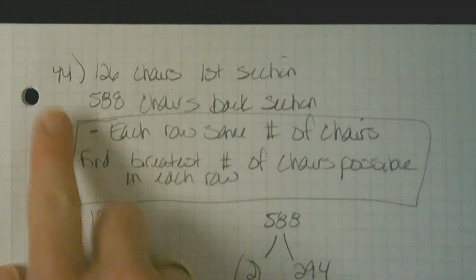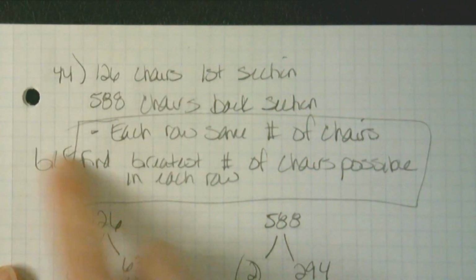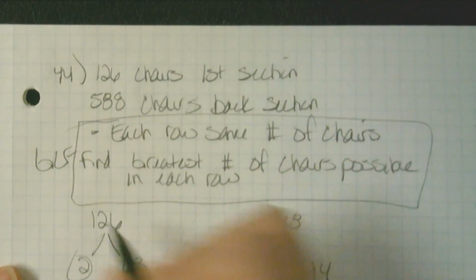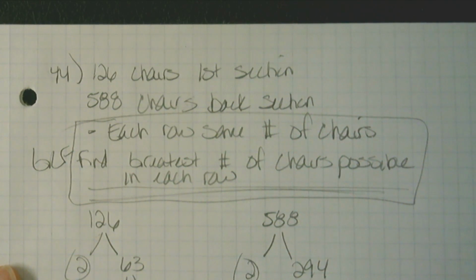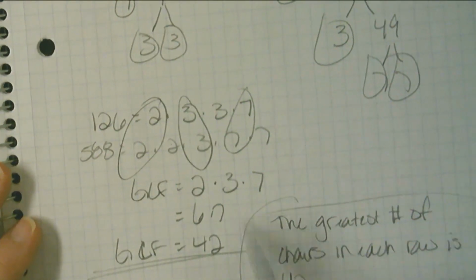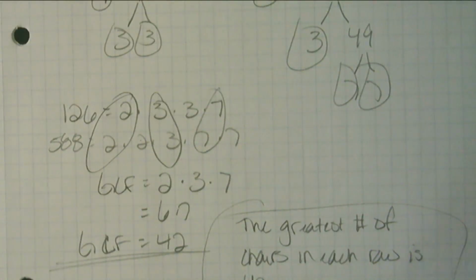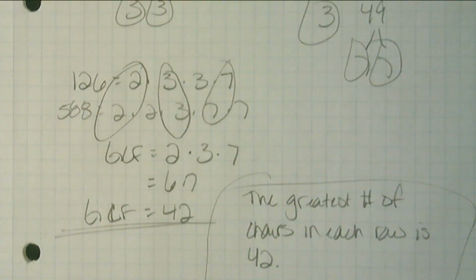I think you guys have done a really good job of writing down your givens, but the question is, did you write down what you were looking for? Because if you write down what you're looking for, writing this sentence would be really easy. You can always go back and be like, okay, what was I looking for? Oh, that's number of chairs. So my answer is the greatest number of chairs.